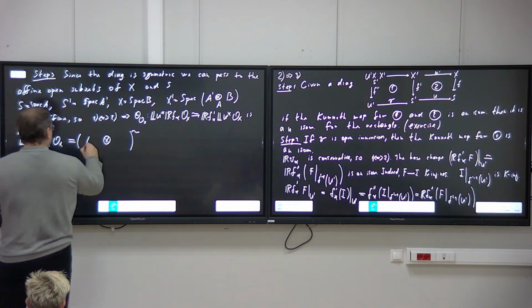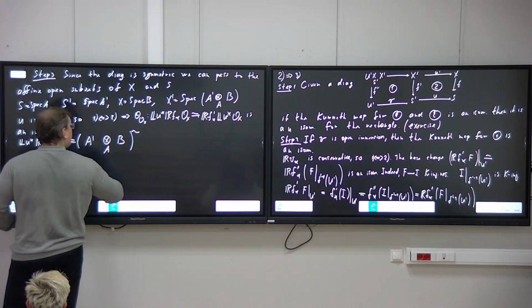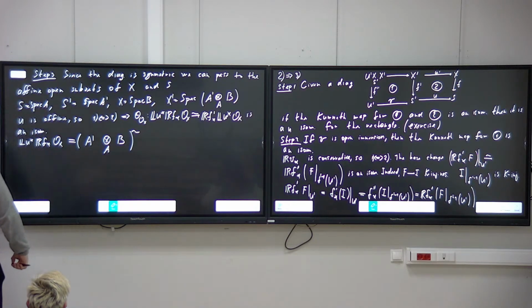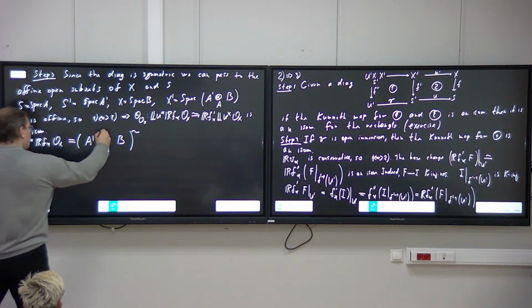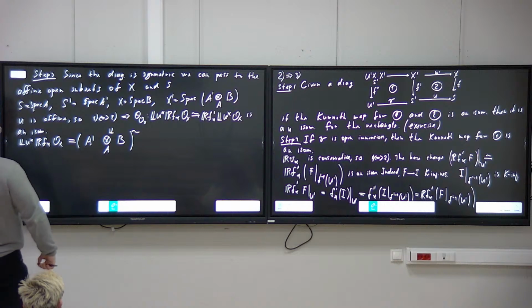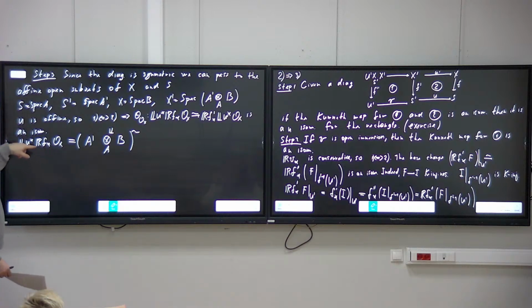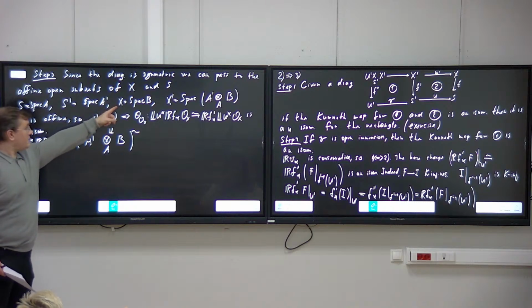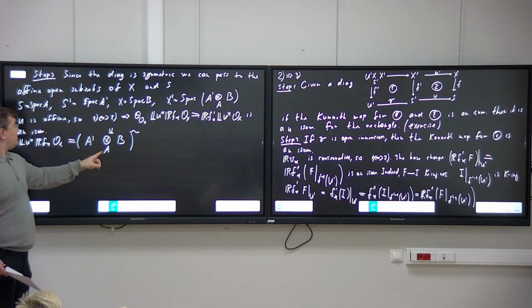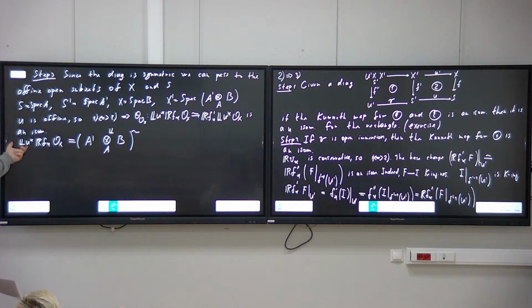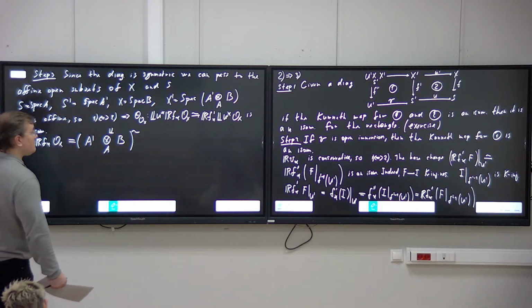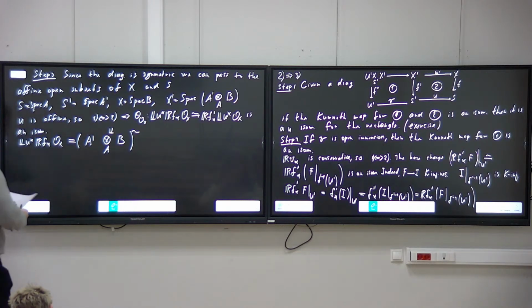So I think this is A prime tensor over A with B. Is it right? Well, let's check this. I have this O_X, and I take the pushforward, which just means that I consider B. O_X is B, so I consider B as an A-module. Then I take the pullback, and the pullback, if you're in an affine situation, is just a tensor product. Since u is from S prime to S, it's the tensor product with A prime. Okay.